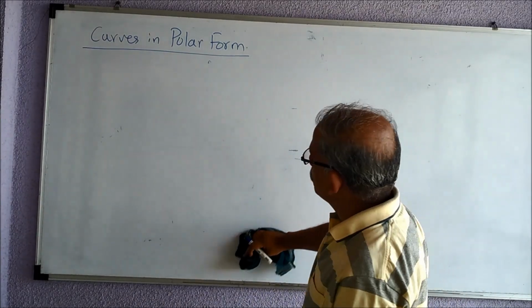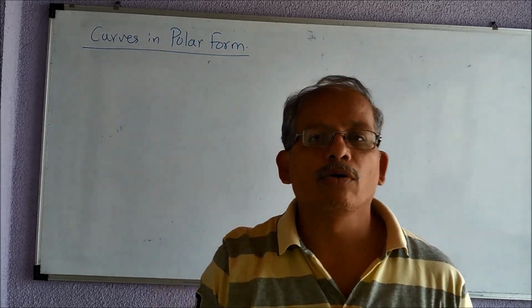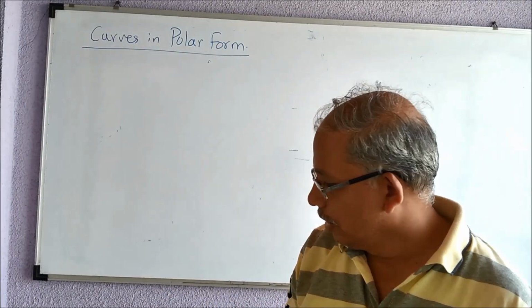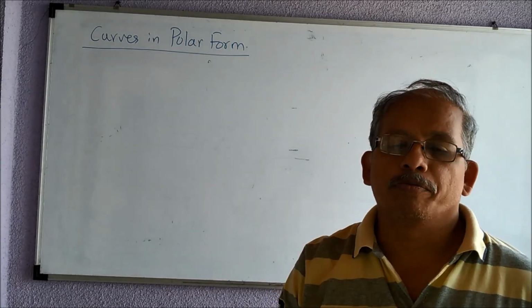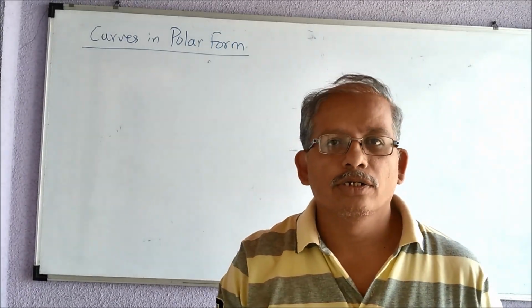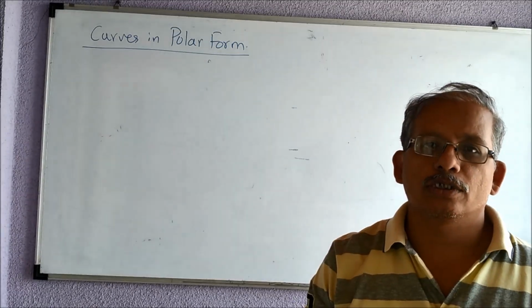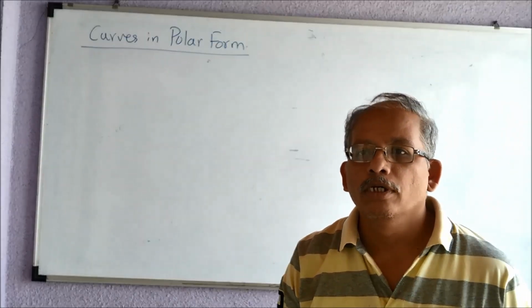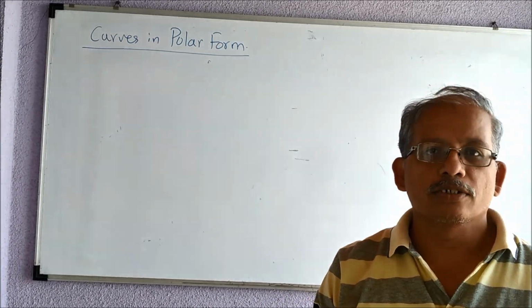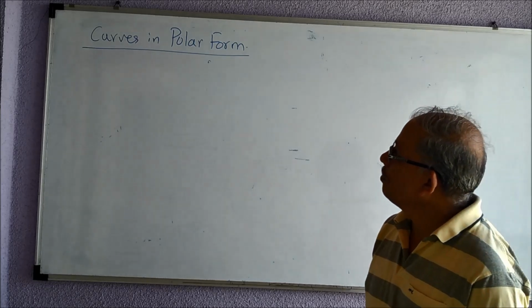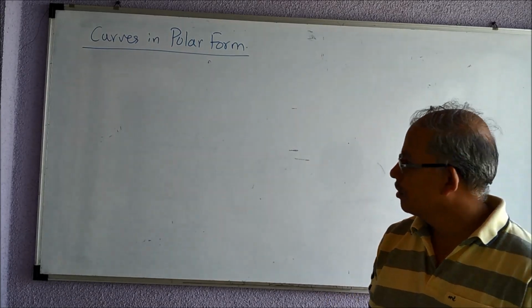Sometimes equations are very difficult to write down in Cartesian form, and such equations are usually denoted in polar form. Here we are considering a special class of equations in polar form, like cardioids, Rhodonea curves, etc. So how will we trace these curves in polar form?